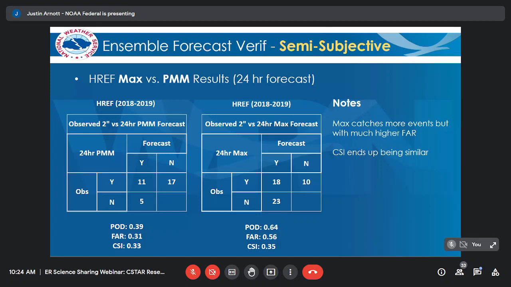But it depends on what you're looking for. We're going to continue with that story that the max is going to help keep in the back of your head what's possible today. I put the mean in my grids, and now I need to use the other tools to help get me to the right forecast and the right watch and warning strategy for hydro products.